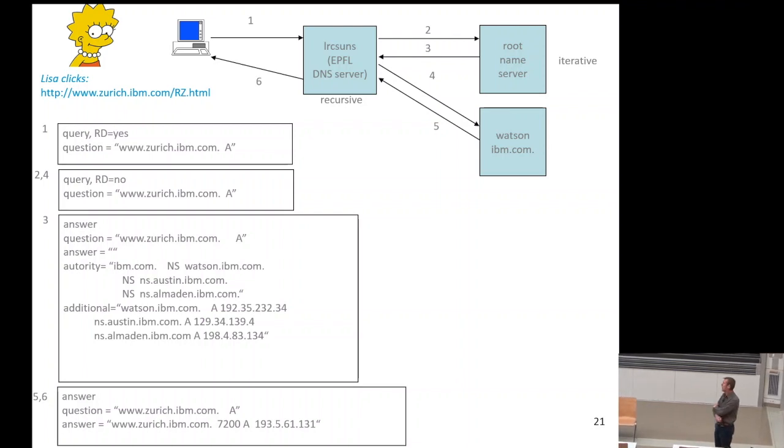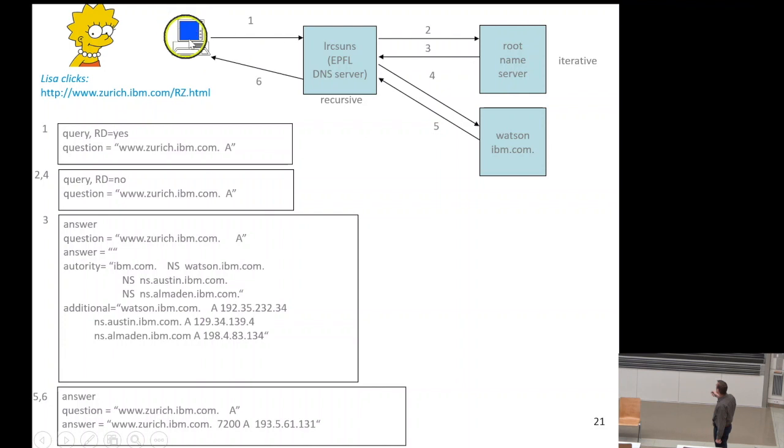For example, at EPFL, there is a DNS server, with one or several copies for reliability, that contains all the information about the addresses and the names given by EPFL, so in the domain epfl.ch. And that is the root of all information about epfl.ch in the world. The rest of the world has only cached values of this. We'll see how this works.